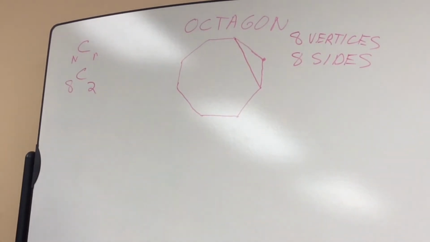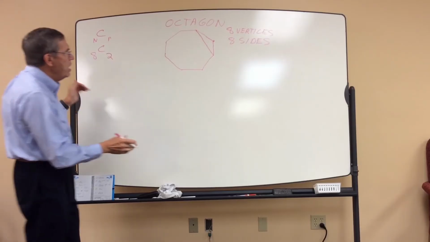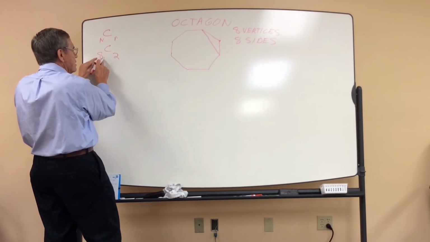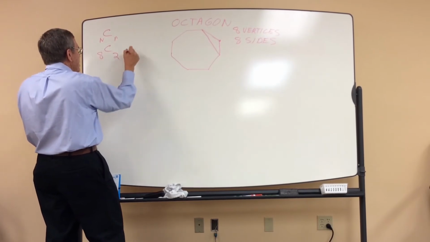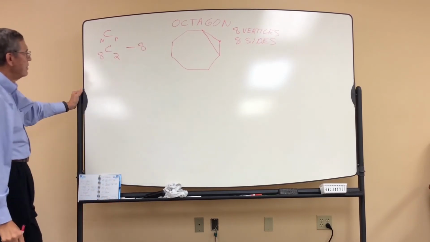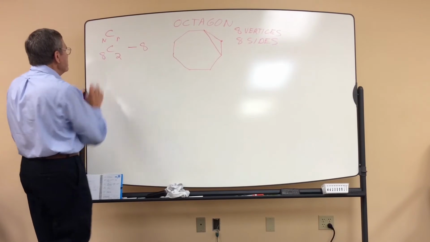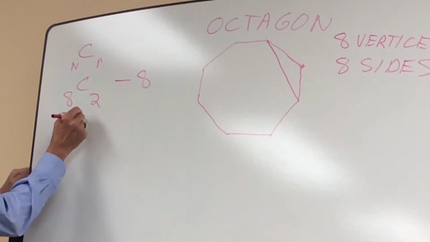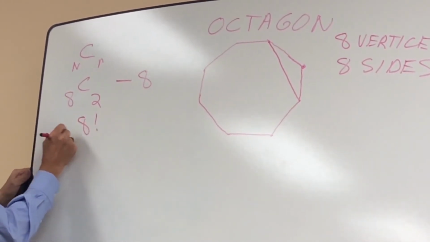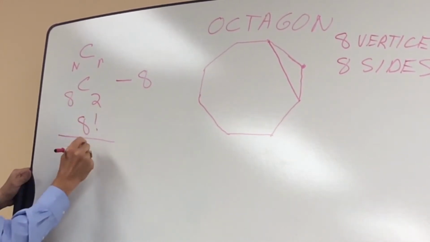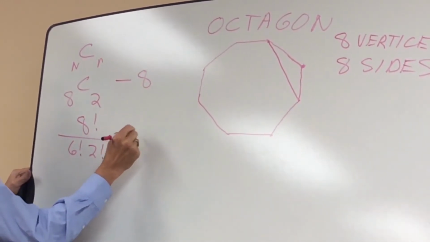And then we need to subtract out from that the sides because those aren't diagonals. Well, we know how many sides there are going to be. There are going to be 8 sides, just like there were 8 points connected. So we're going to subtract 8 from that answer. Let's now do the combination formula, which is 8 factorial divided by 8 minus 2, 6 factorial, times 2 factorial, minus 8.